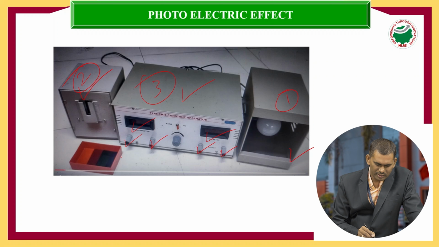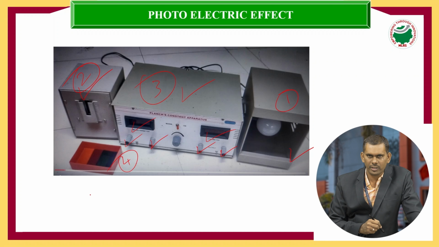And next, this is the fourth component we use in the experiment: these are the different color filters. We use different color filters to make different wavelengths incident on the photocell.